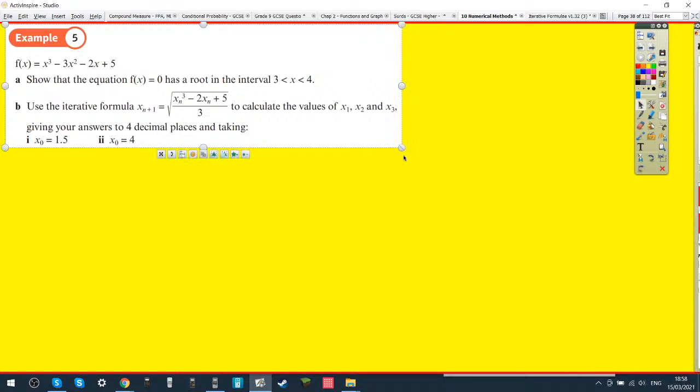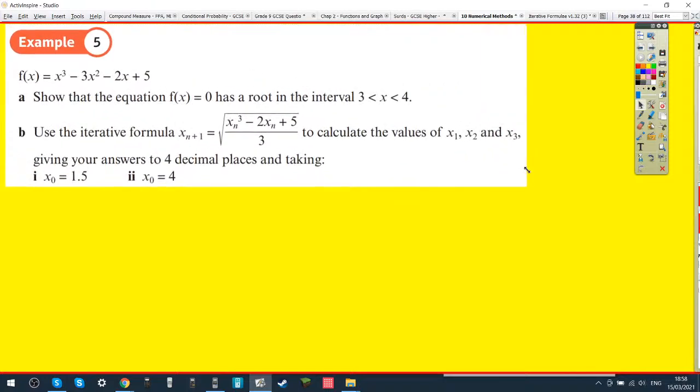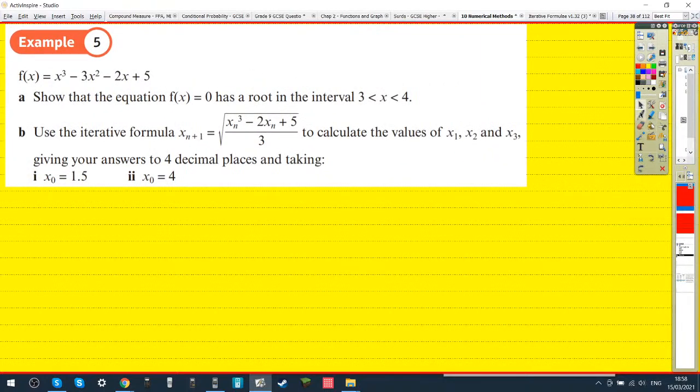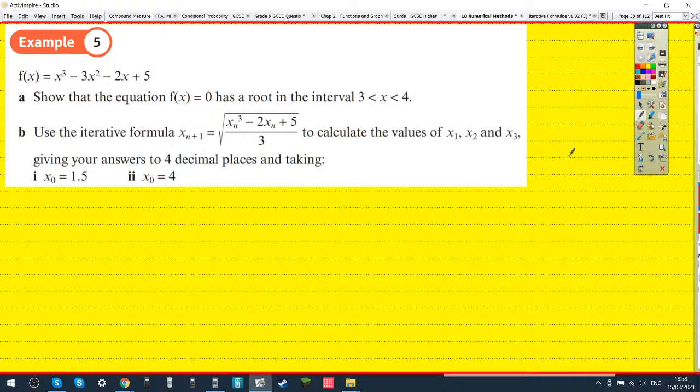Okay. And so how would you do B? Just 1.5 equals in my calculator, and then just continue to do it for 1, 2, and 3. And then for part 2? Make 4 equals the answer in my calculator, and then do that for 1, 2, and 3.